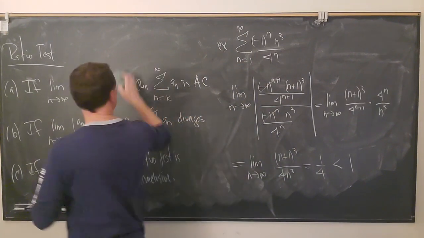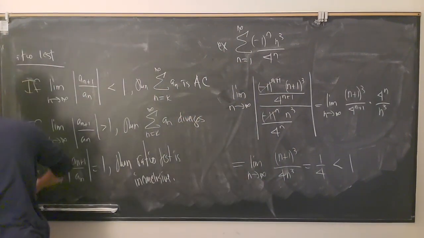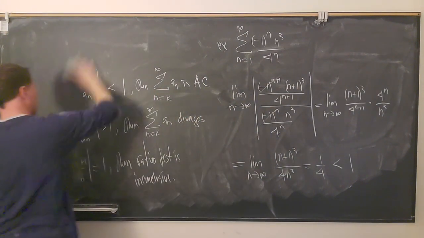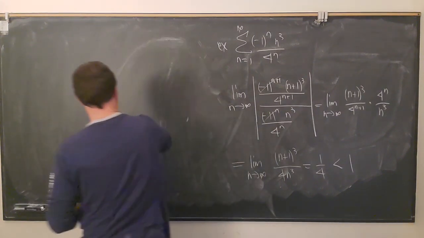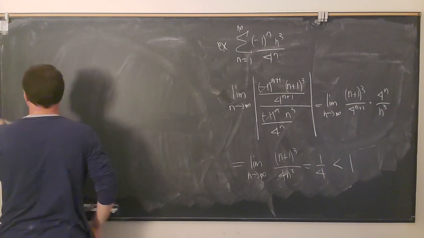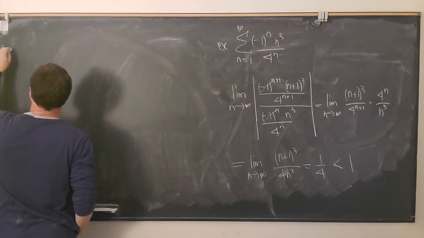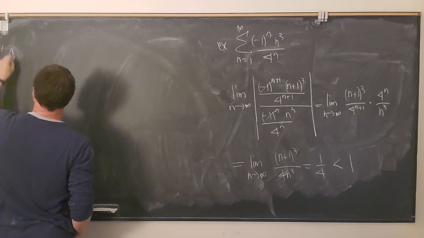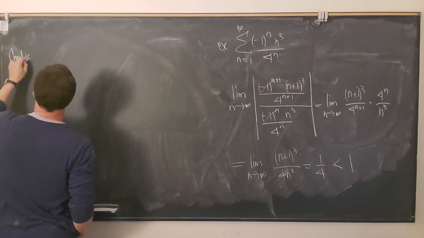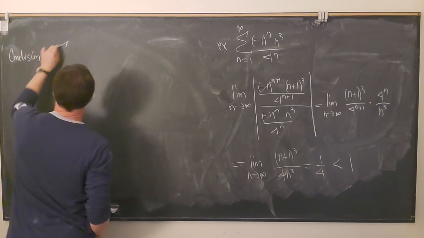What does that tell us? It tells us that the original series is absolutely convergent by the ratio test. So, conclusion: the original series is absolutely convergent by the ratio test.